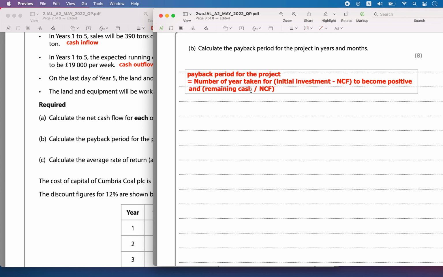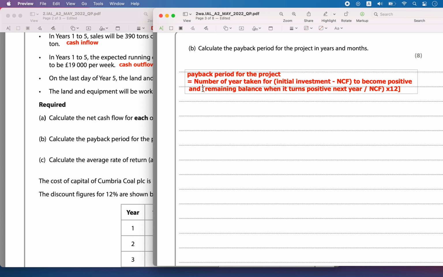So the remaining balance divided by net cash flow, in the year before it turns positive, is converted into a number of months. So now let's calculate and then you will understand.